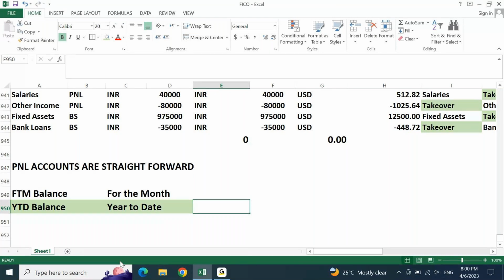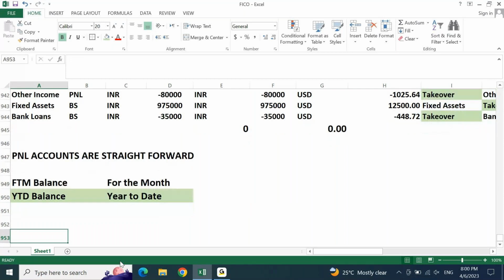When I'm talking about year to date balances, let's say, assuming, which month are we currently in? We are currently in April. Now, if I talk about April trial balance, the first thing that you'll have to remember is your financial year.